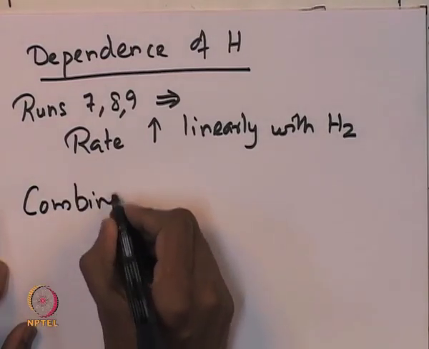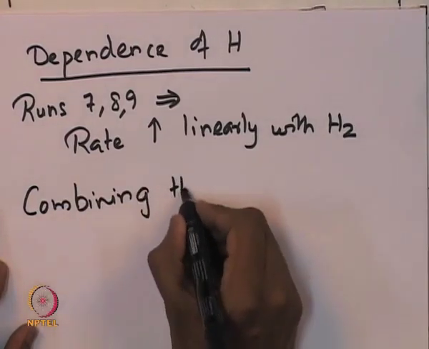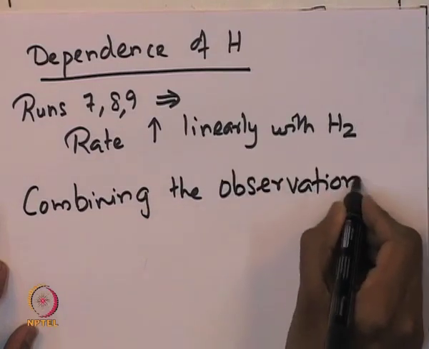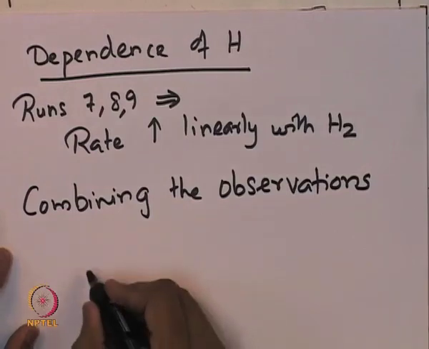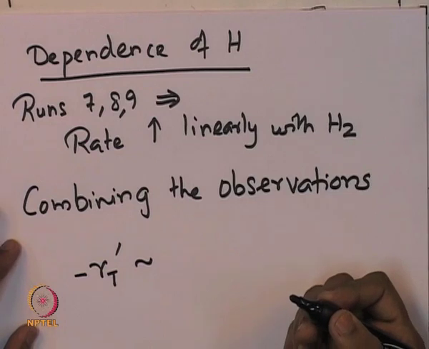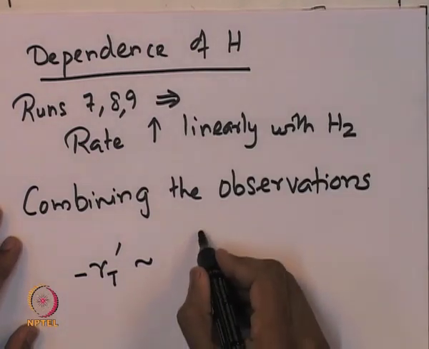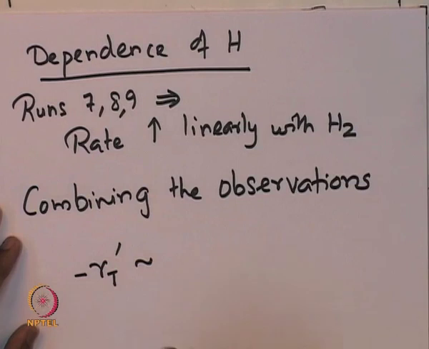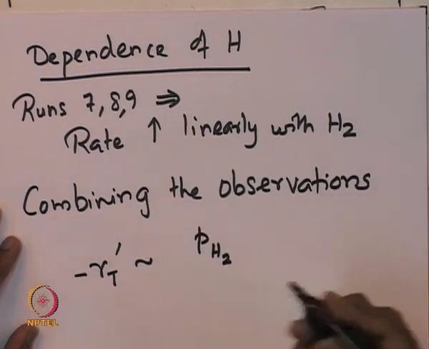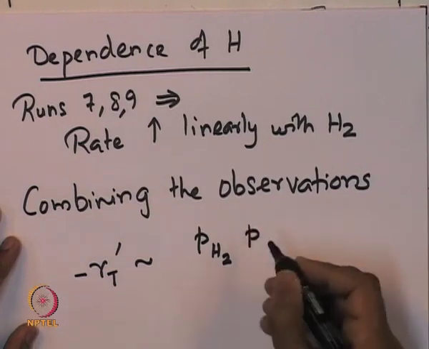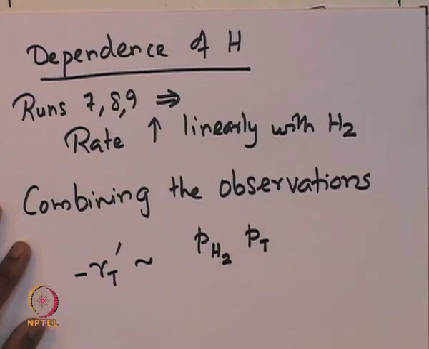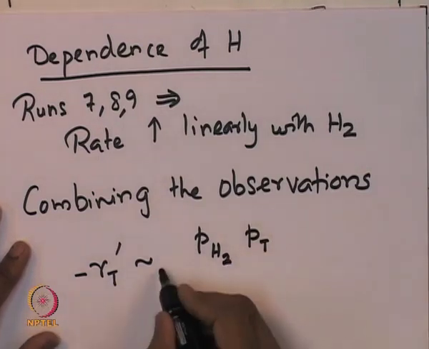So, combining the observations, one can deduce that the reaction rate perhaps must have a form which looks like this. It has to depend linearly on the partial pressure of hydrogen, and it has to increase with the concentration of toluene when the concentration is lower.